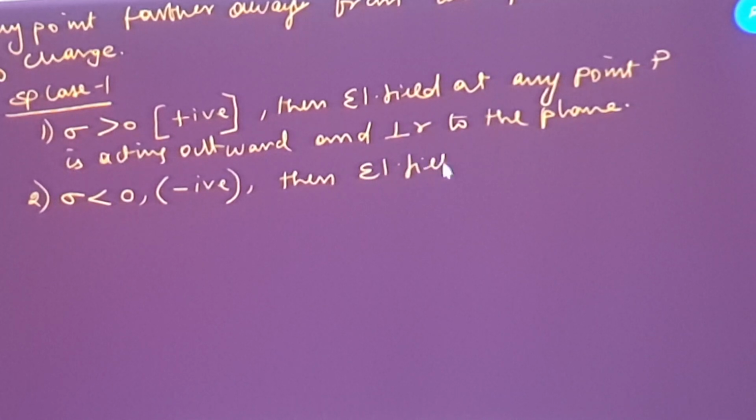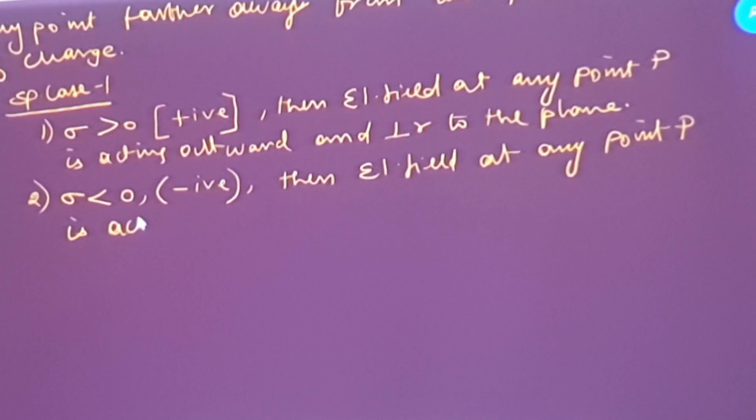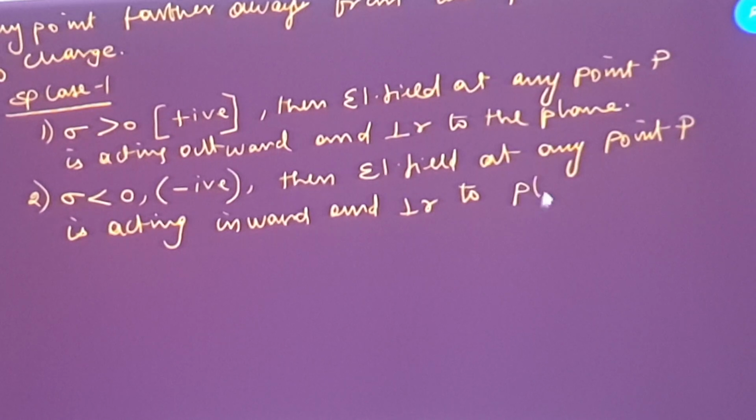Then the electrical field at any point P is acting inward, since it is negative, and perpendicular to the plane. If it is outward, we have to put it as n cap. If it is inward, I have to put it as minus n cap.